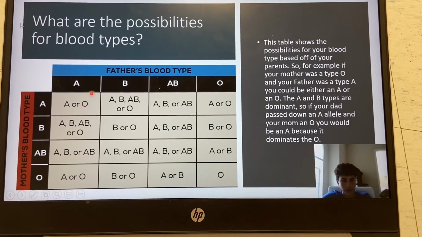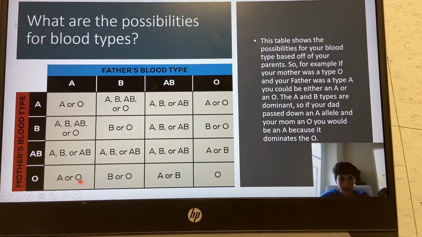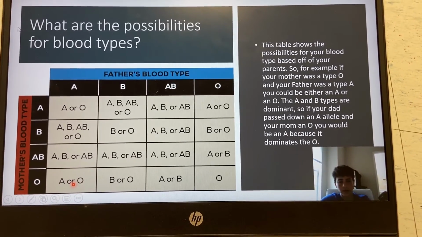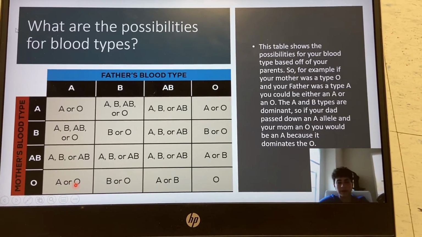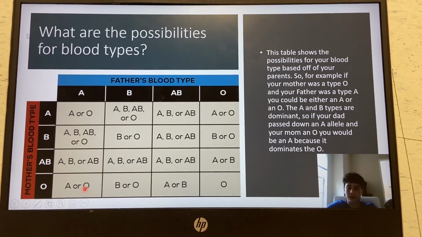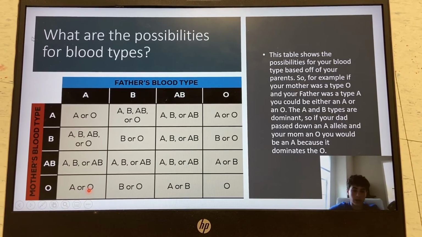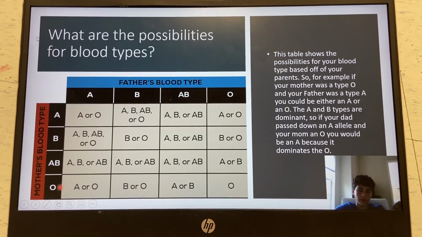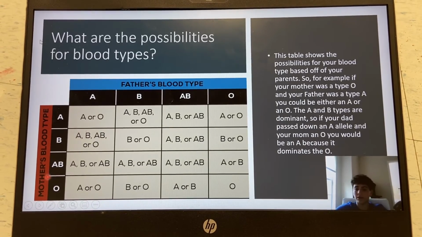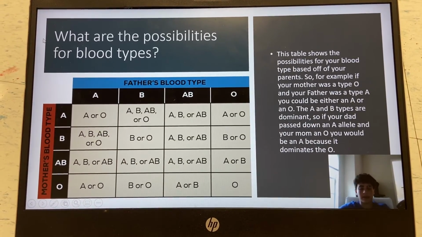So you'd move down like this, and you could be an A or an O, depending on if your father passed down an A allele or an O allele, and if your mother would have passed you down an O. So that's how this chart works.